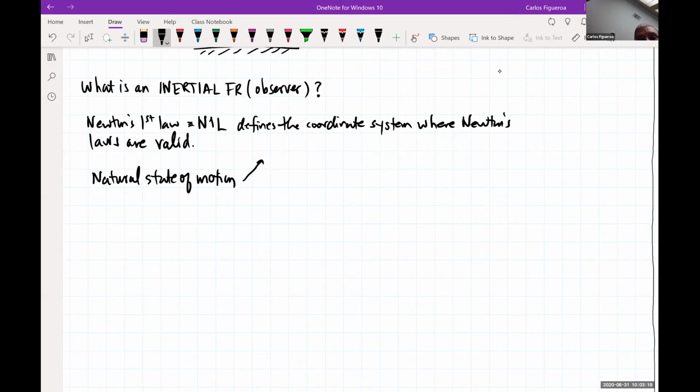That means you're at velocity equal to 0, which means at rest, or you're moving at constant velocity. And so what you find here, if you have an observer that's in a natural state of motion, either at rest or moving at constant velocity, then this is what we say here.